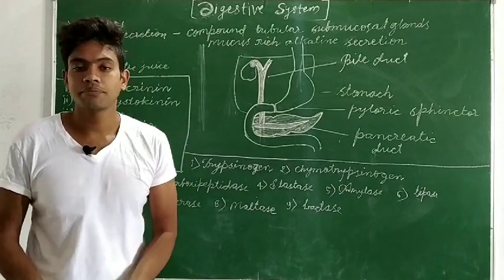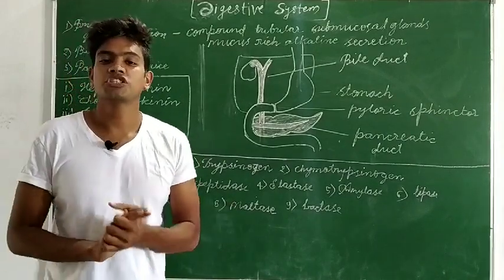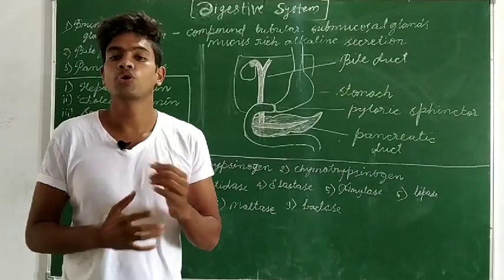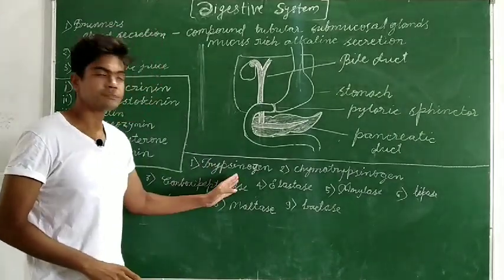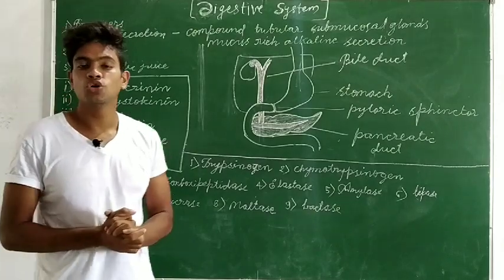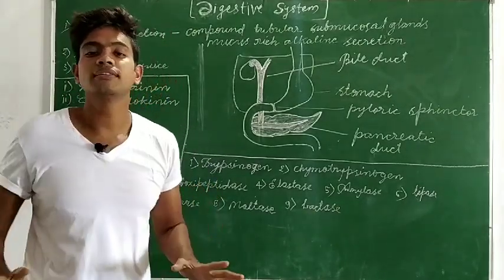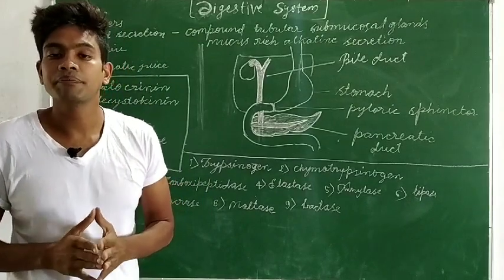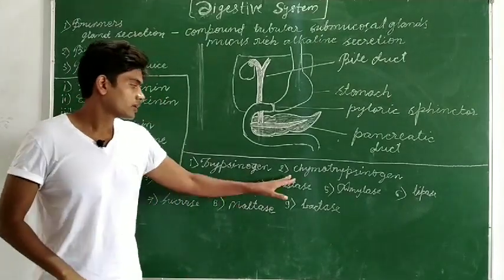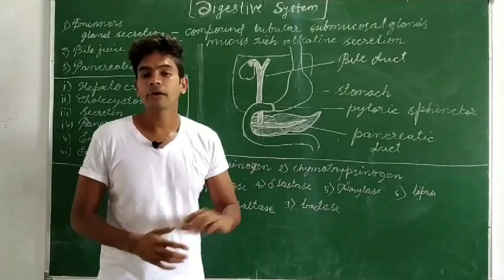So those enzymes which break the complex structure of proteins into simpler ones are called proteolytic enzymes. Trypsin is one of the most effective proteolytic enzymes, which act on all the proteins which are attacked by pepsin.